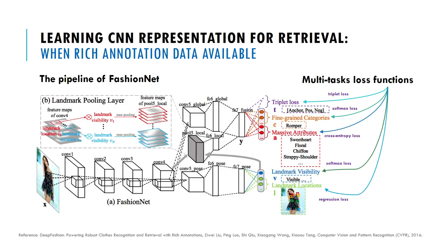All right, so now I'm going to be talking about an interesting case that depends on what task you're working on and what resources you have. In some cases you may have rich annotation data available, like really good data that has multiple aspects to it.